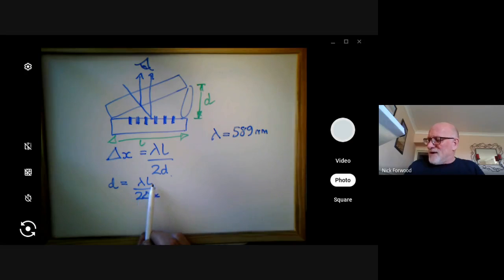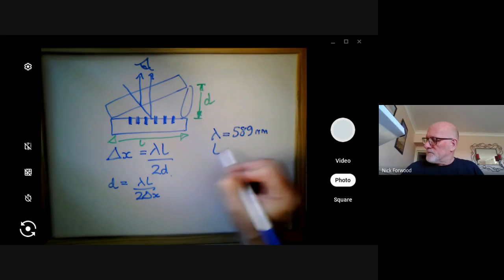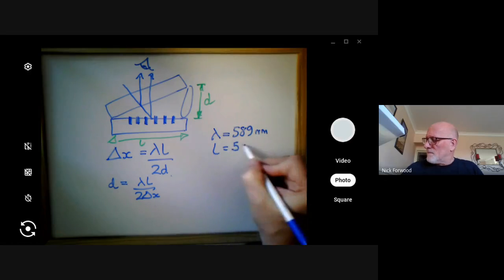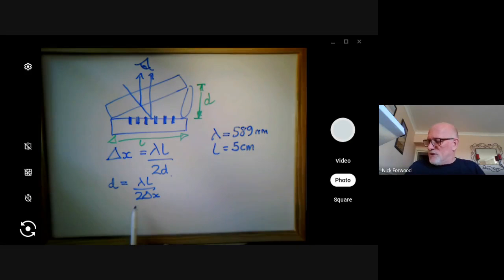Now L on that experiment was 5 centimeters. Now delta X: we started at 17.2 and moved the traveling microscope across to 19.6. That means it's moved a distance of 2.4 millimeters for 10 fringes.